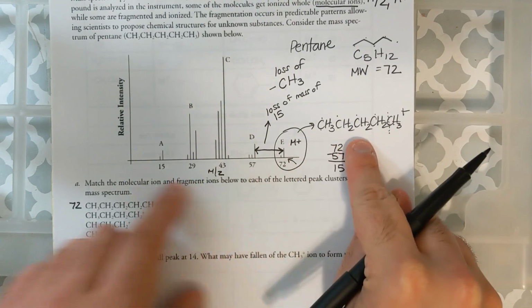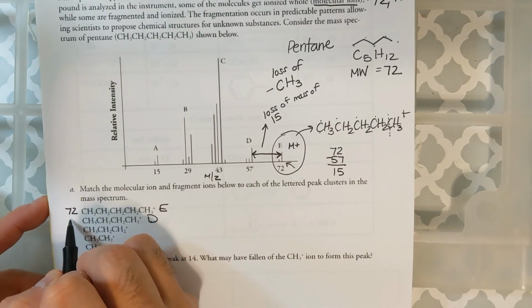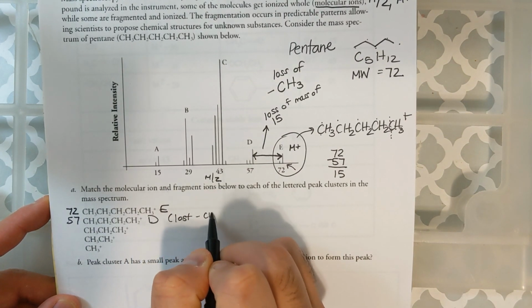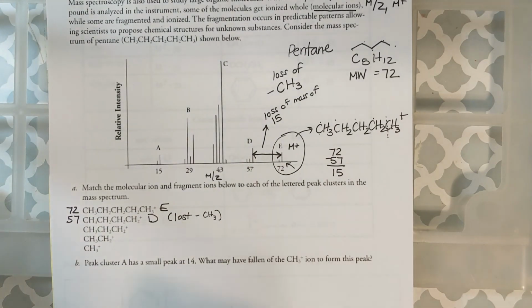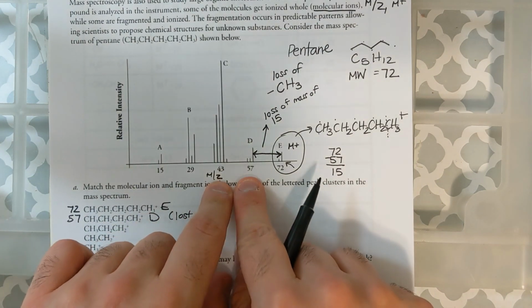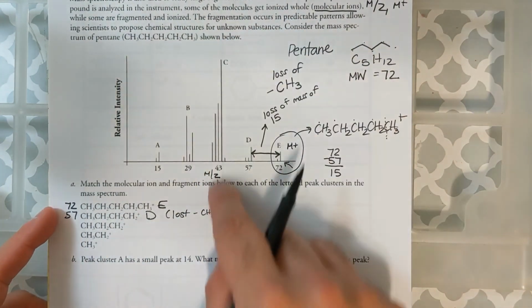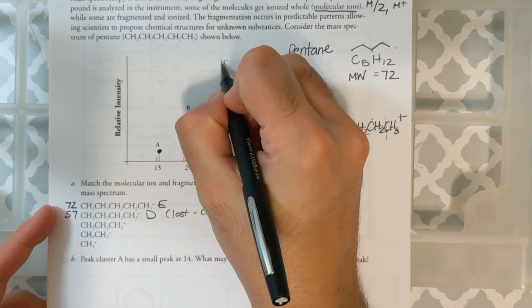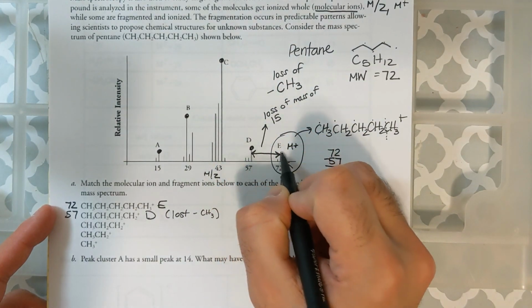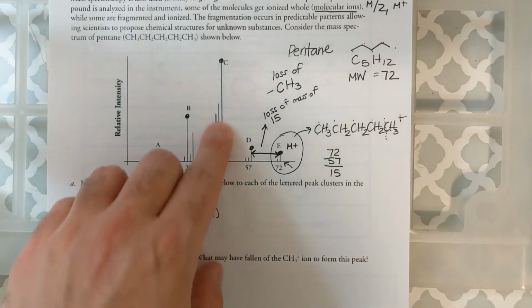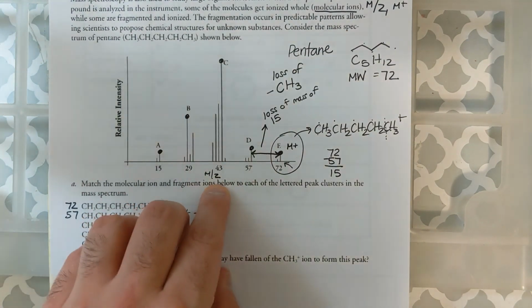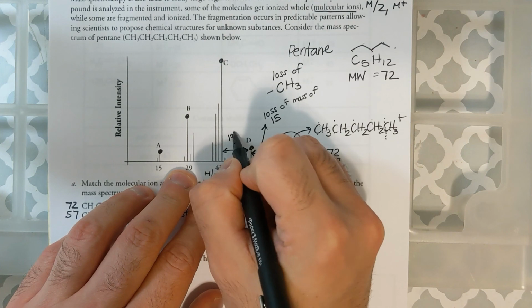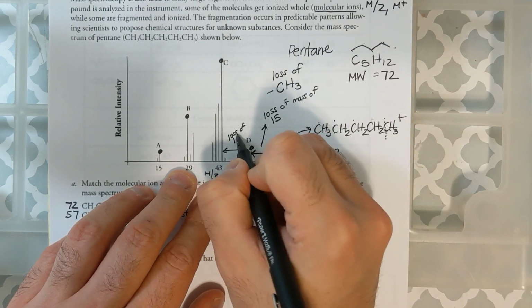So peak D must be the 4 carbons, and that has a mass of 57. It lost a CH3. And then if I go from 57 to my next big peak, I'm looking at the highest peaks, so I'll put a point on them so you know where A, B, C, D, and E lie. My biggest peak here at C has a mass of 43. That is a loss of 14.